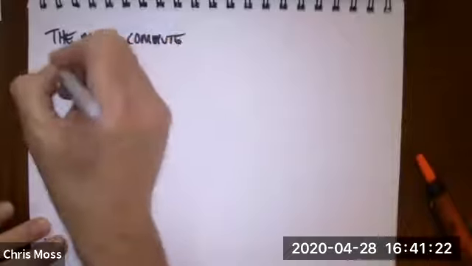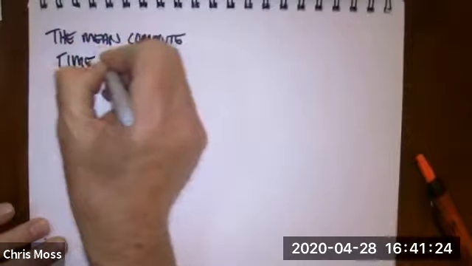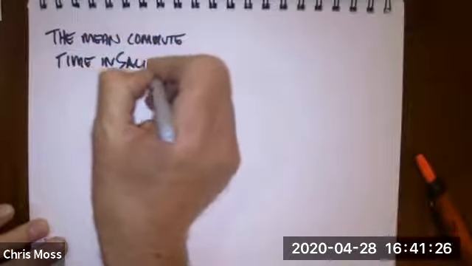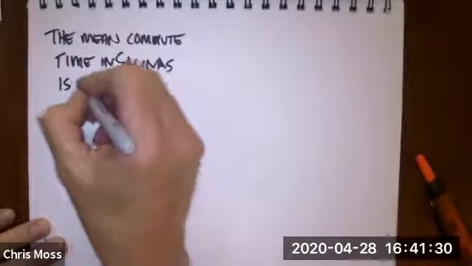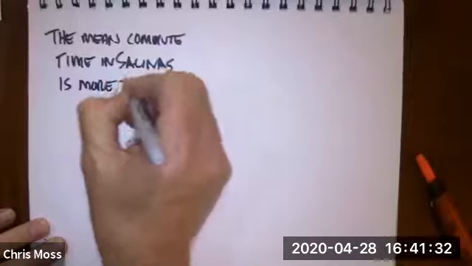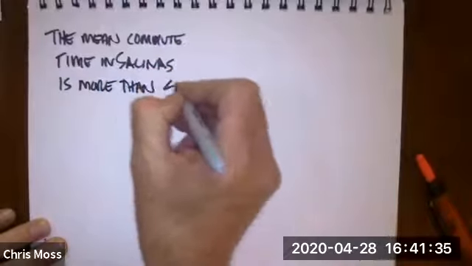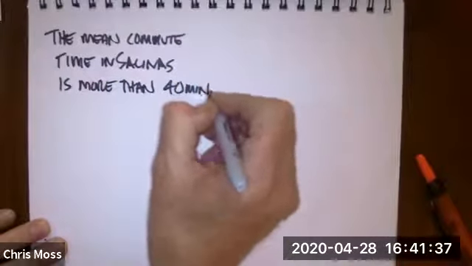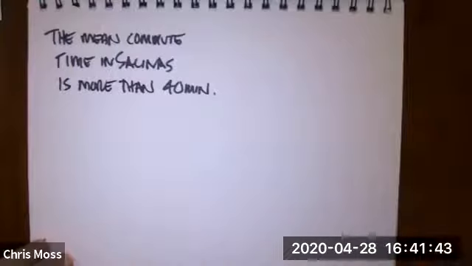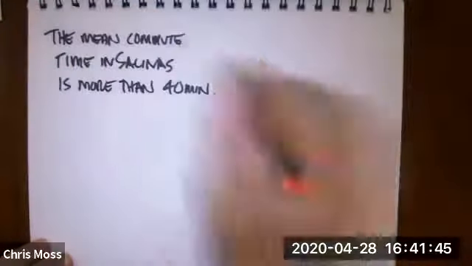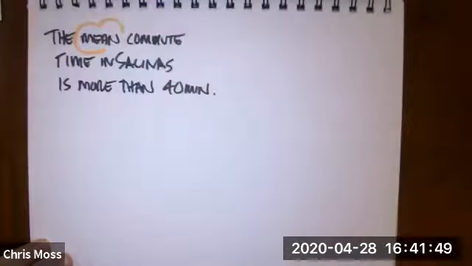All right, let's take a look at another example. The mean commute time in Salinas is more than 40 minutes. So there's my claim. Now, I'll note that this particular claim is about the mean commute time.